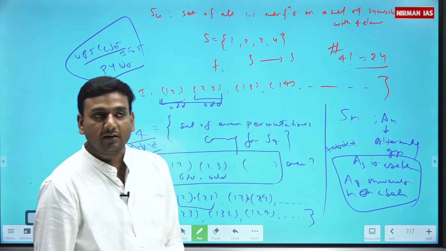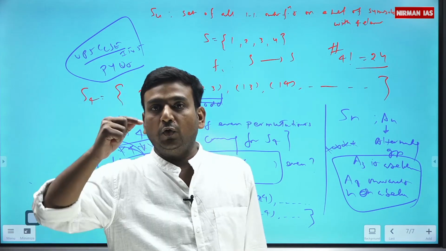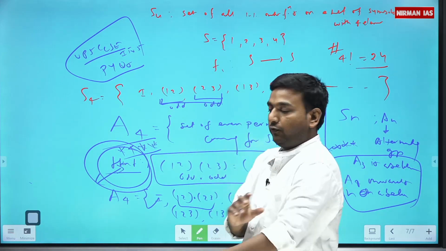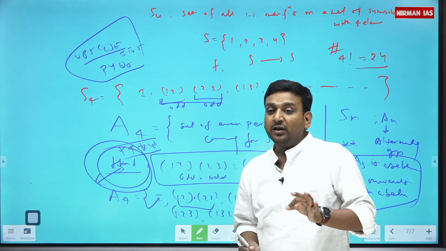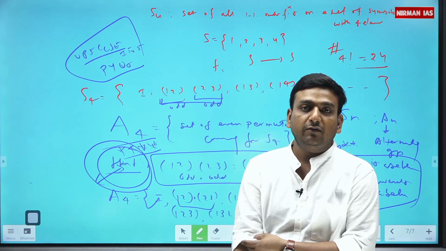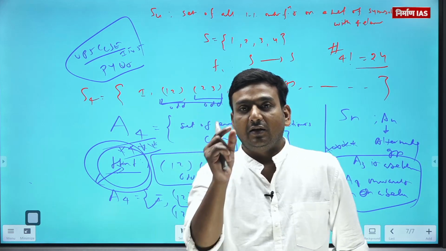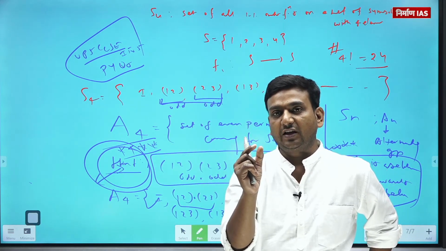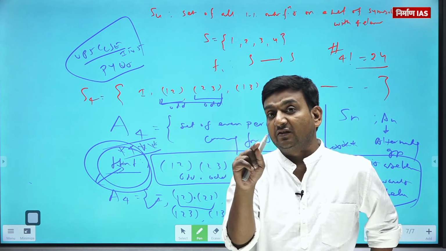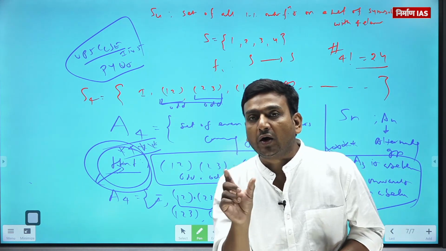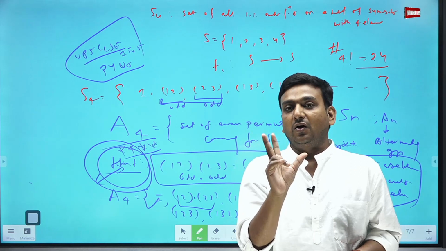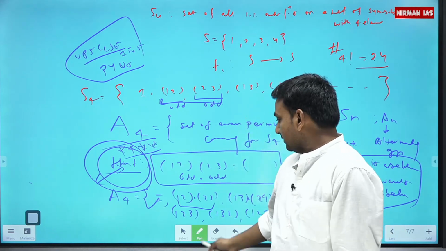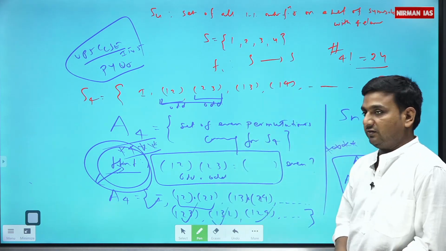What I said here: you need to have elements in A4 as even permutations, and even permutations are what? The number of transpositions is even, that means cycles of odd length. First category, cycles of odd length.